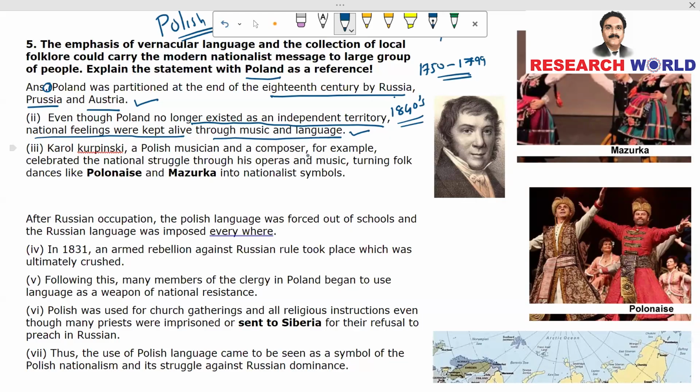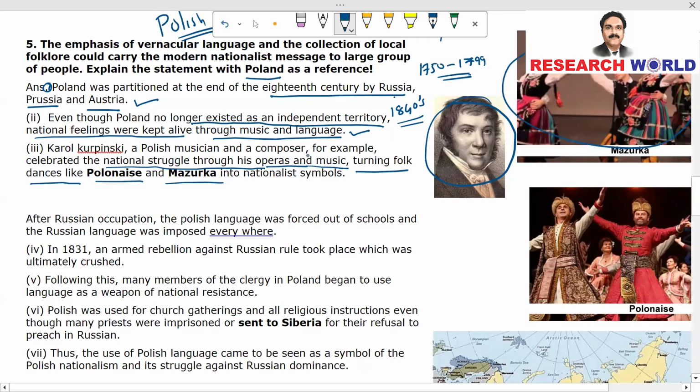Karol Kurpinski, a Polish musician and composer, whose portrait is what you're seeing here, for example, celebrated the national struggle through his operas and music, turning folk dances like Polonaise and Mazurka, something which you are seeing here, into nationalist symbols.